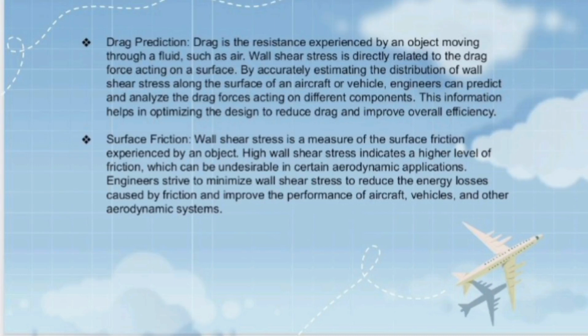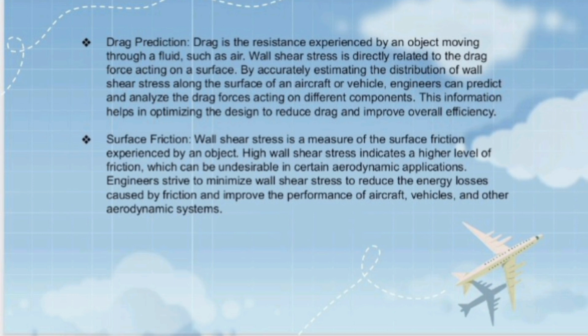By accurately estimating the distribution of wall shear stress along the surface of an aircraft or vehicle, engineers can predict and analyze the drag force acting on different components. This information helps in optimizing the design to reduce drag and improve overall efficiency.